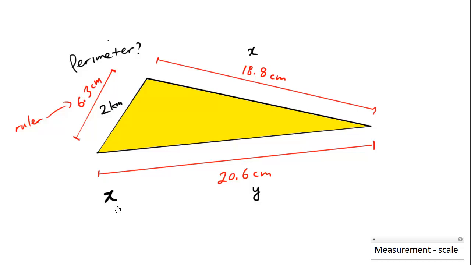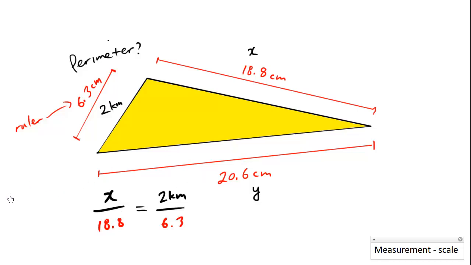So we're going to say x over 18.8 is equal to, and we have the black unknown on top, which is the 2 kilometers, over this ruler measurement, which is 6.3. So if we set up the equation this way, we can solve for x.